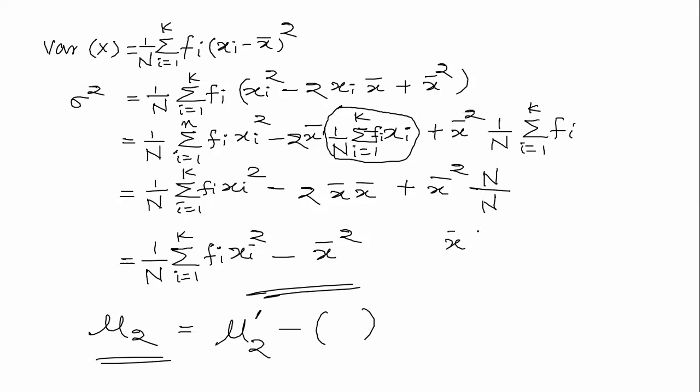The formula of x bar is 1 upon capital N summation fi into xi, i from 1 to k. This x bar is nothing but the first raw moment, mu1 dash, and square of that. So this is the relation between central and raw moments: mu2 equals mu2 dash minus mu1 dash to the power 2.